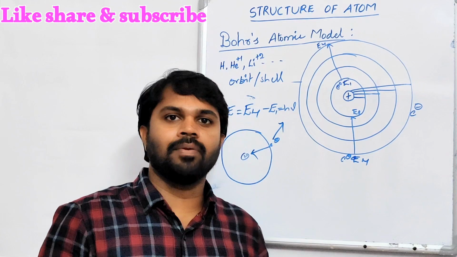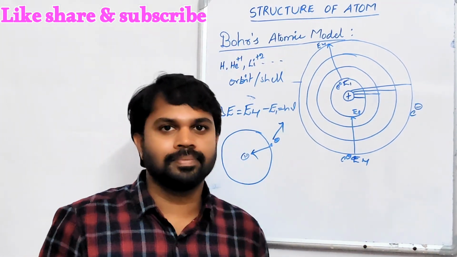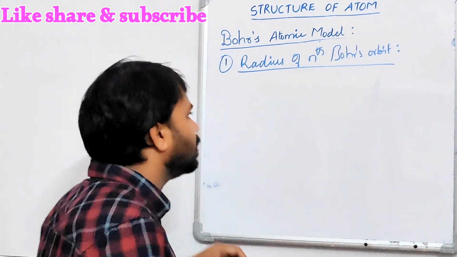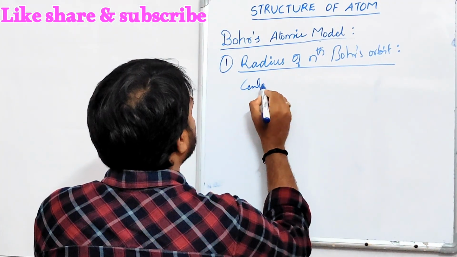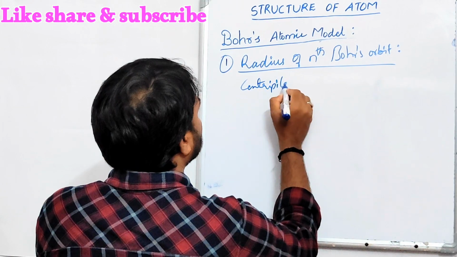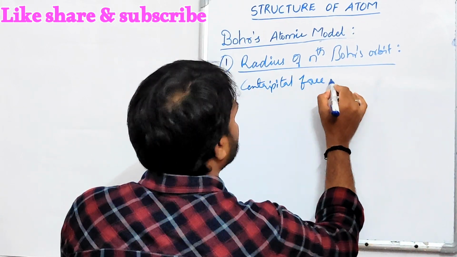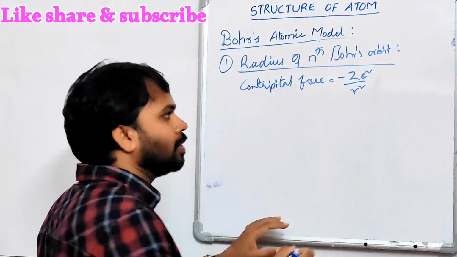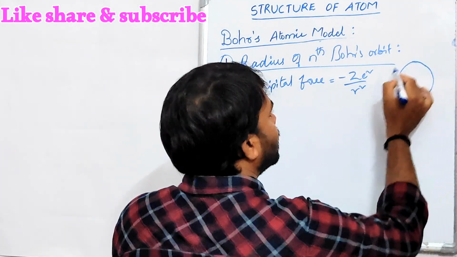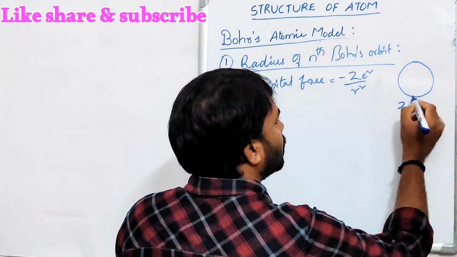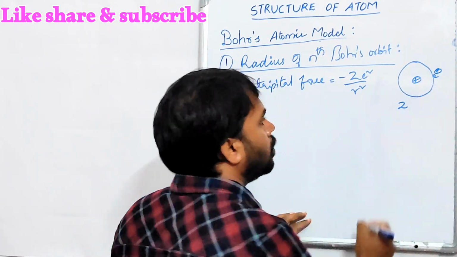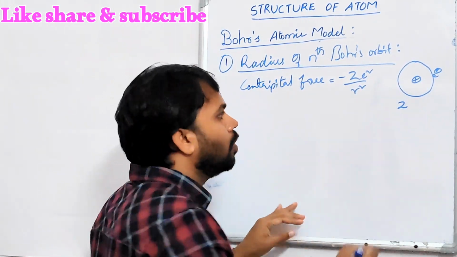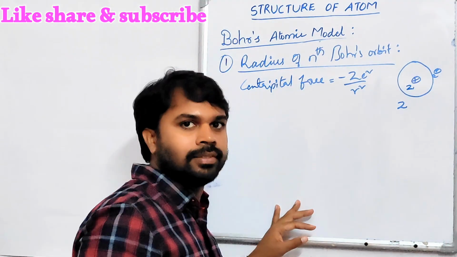Now come to the important formulas related to this model. First one is the radius of the nth Bohr orbit. The centripetal force is equal to minus Ze square by r square. Let's understand. For example, this is an atom. Atomic number is Z. We know that the number of protons is always equal to the atomic number, so here Z number of protons is there.